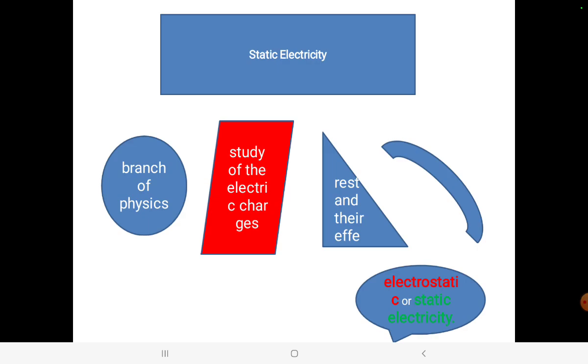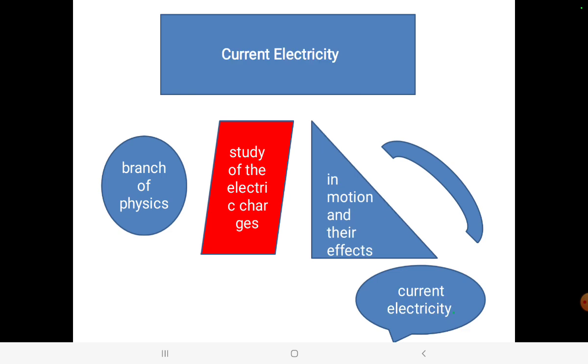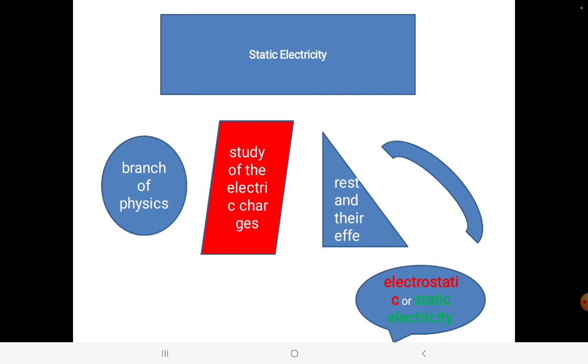Yes, and then static electricity. This electricity will be classified into 2 branches. One is static electricity; in the next slide, you can see current electricity. So, what is static electricity? It is a branch of physics which is the study of electric charges which are in the rest position, and these charges give no effect on their surroundings.